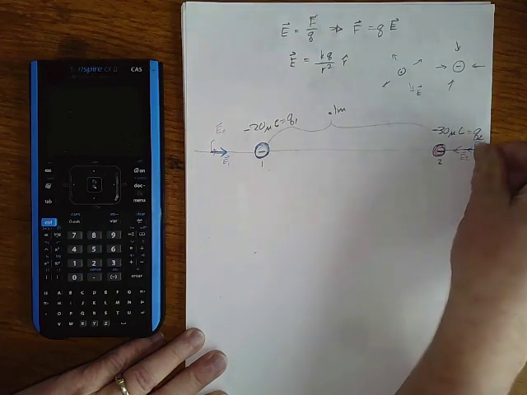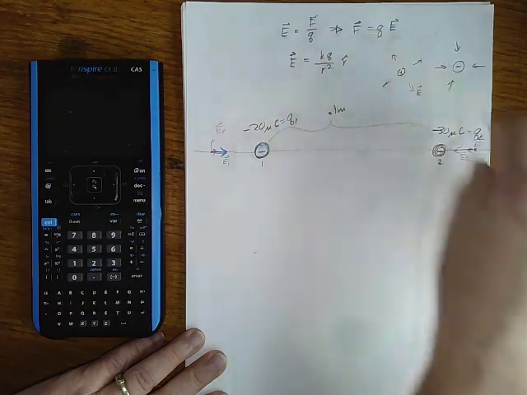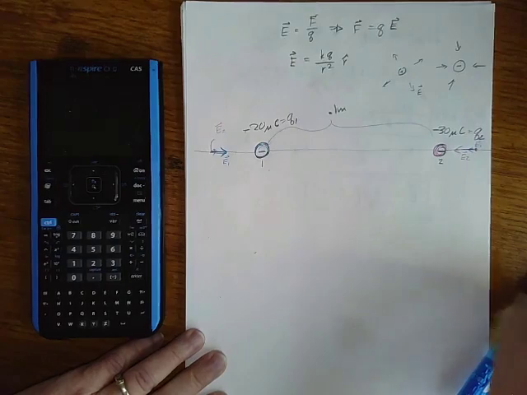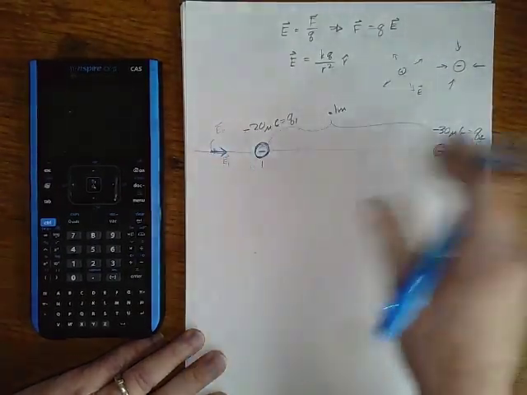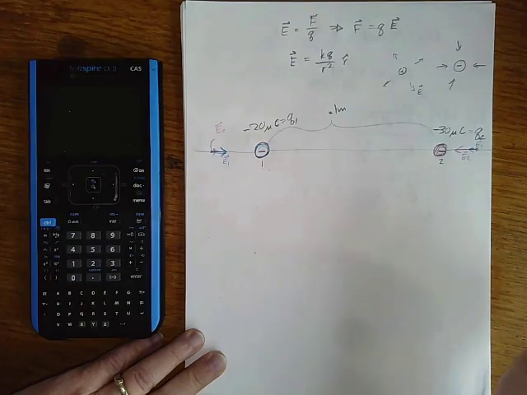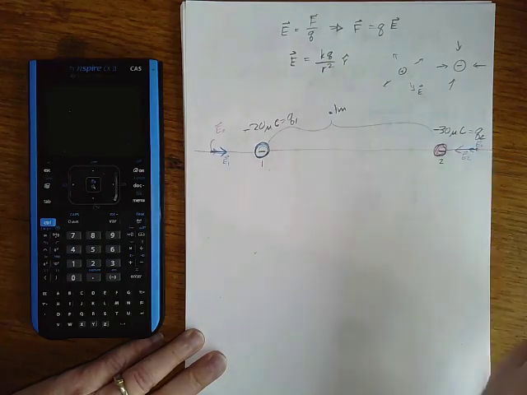To figure out what the force would actually be, we have to know what size of charge we're putting in here, multiply the field by the size of the charge, and that would tell us the force, the strength of the pull. But this is just giving us a relative map of what kind of force a charge would feel. So these electric field vectors are telling us that information.